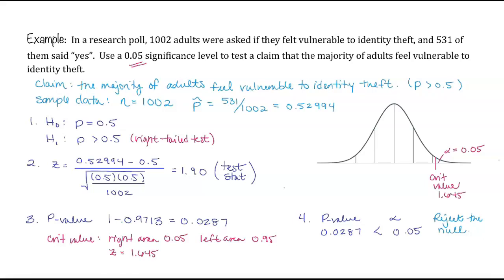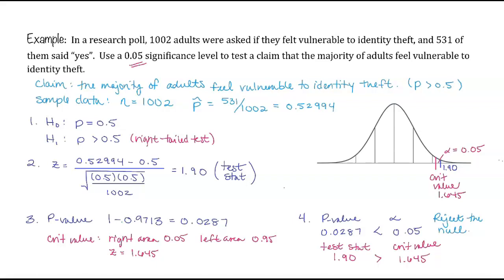Now compare that to our test statistic. The test statistic is 1.9, which is more extreme than the critical value. That puts the test statistic in the rejection region, and we again reject the null. Comparing the test statistic and the critical value, we have that 1.90 is more extreme in the right tail than 1.645. We have the same conclusion to reject the null.